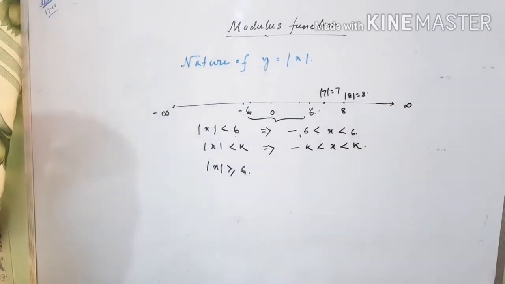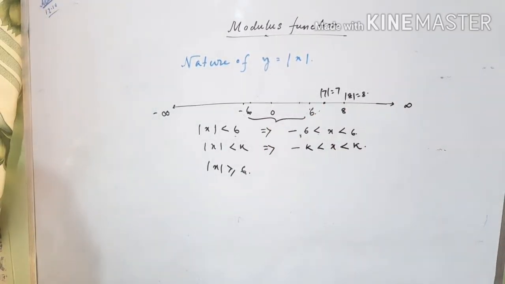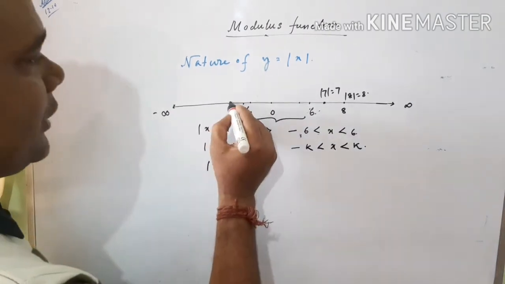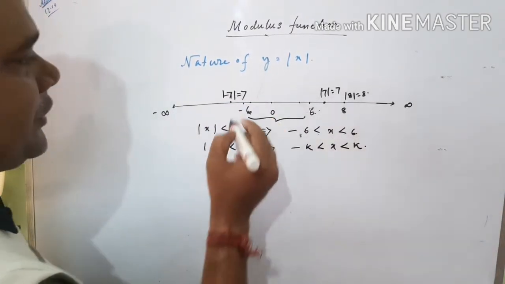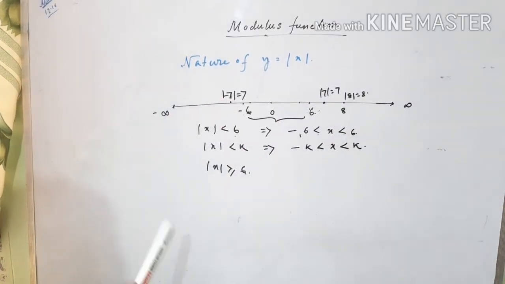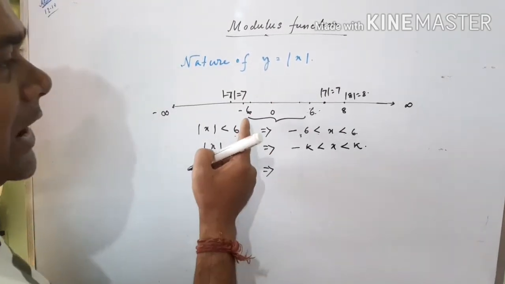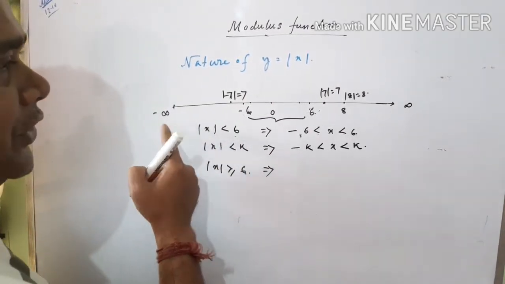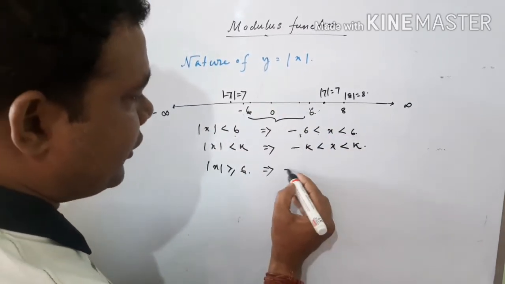Now see that all mod values are greater than 6. So any point at the right of 6 has mod value greater than 6. Now here is the point minus 7. So mod of minus 7 is again 7. Again this mod value is greater than 6. So mod x greater than 6 implies that x may lie at the left of minus 6 or at the right of plus 6. So how can we denote this?